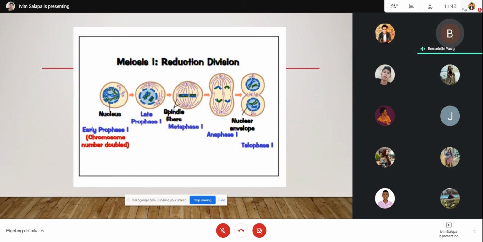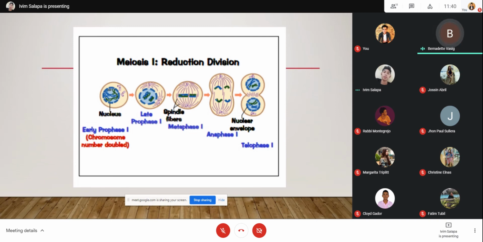Okay. So in mitosis, both kinetochore microtubules are attached to the same pair of kinetochores found in one chromosome.